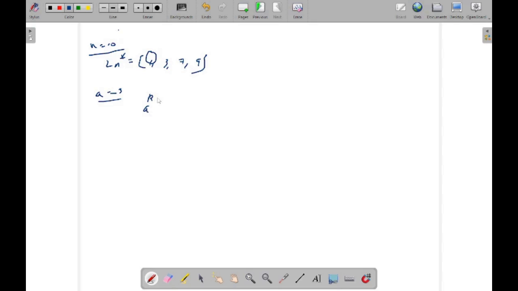We have only one R, it is 2. Then 3 raised to 2 mod 10 is equal to 9. This is not equal to 1. So 3 is a primitive root.